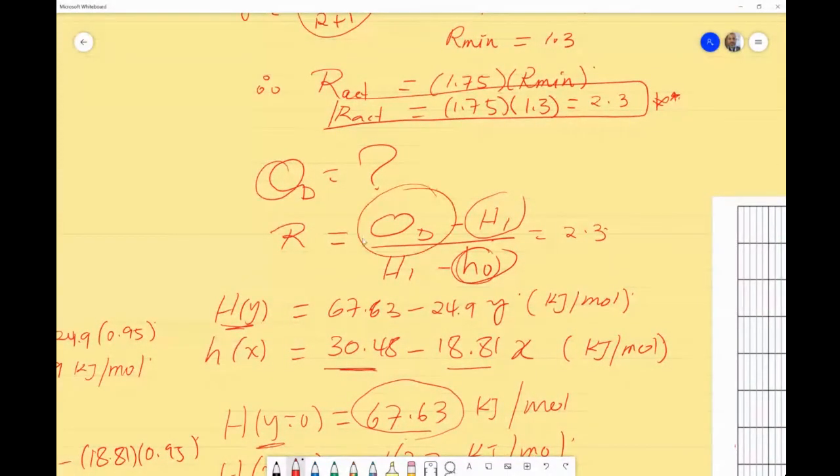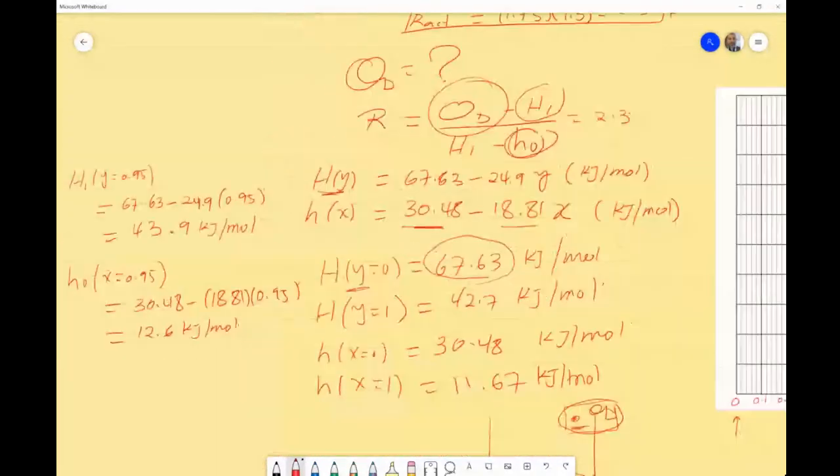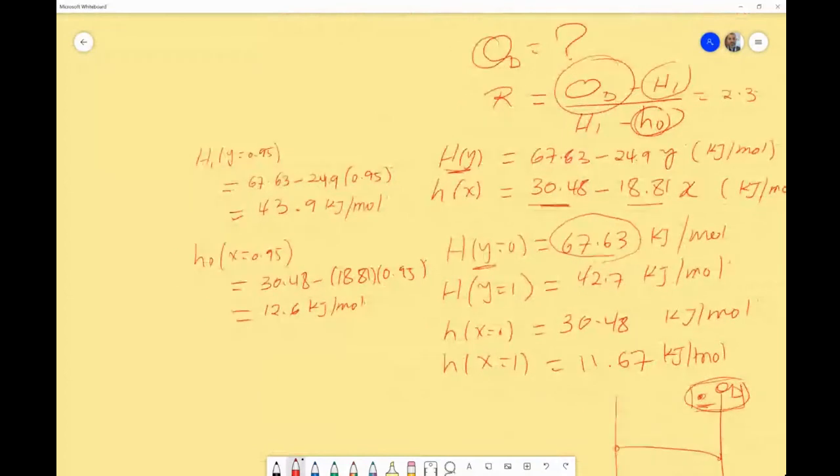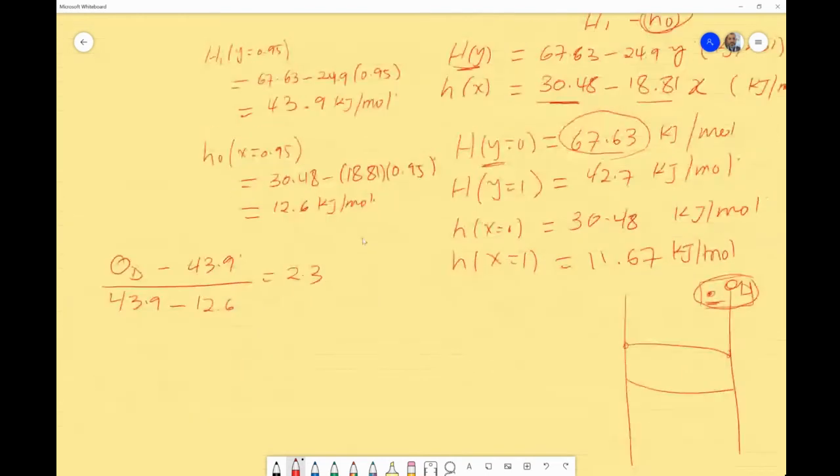So what would be OD now? Can you calculate OD for me? If you do this, OD minus H1, which is 43.9, divided by 43.9 minus H0, which is 12.6, should be 2.3.